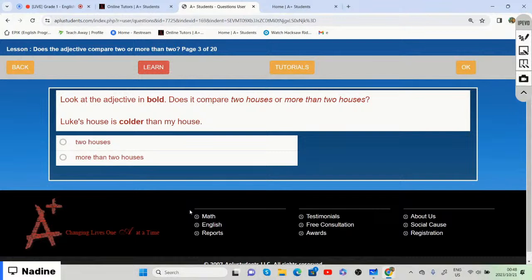Luke's house is colder than my house, which means that we are comparing the two houses.